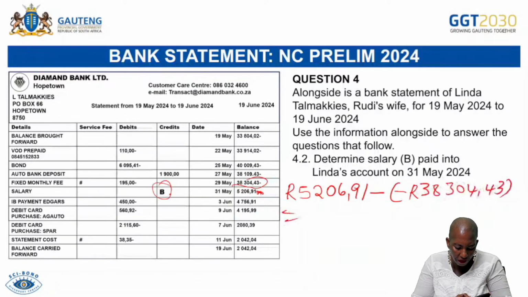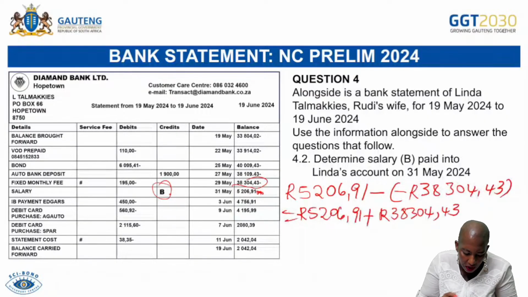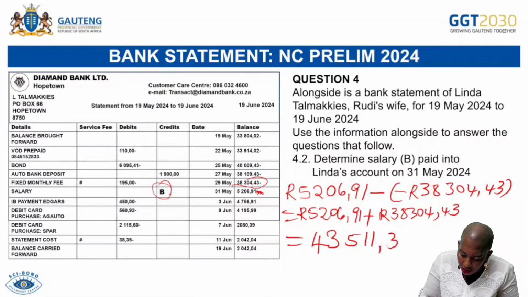So what is the total salary? Quickly, it will be 5,206 rand 91 plus 38,304 rand 43, and then it means they got paid the amount of 43,511 rand 34.